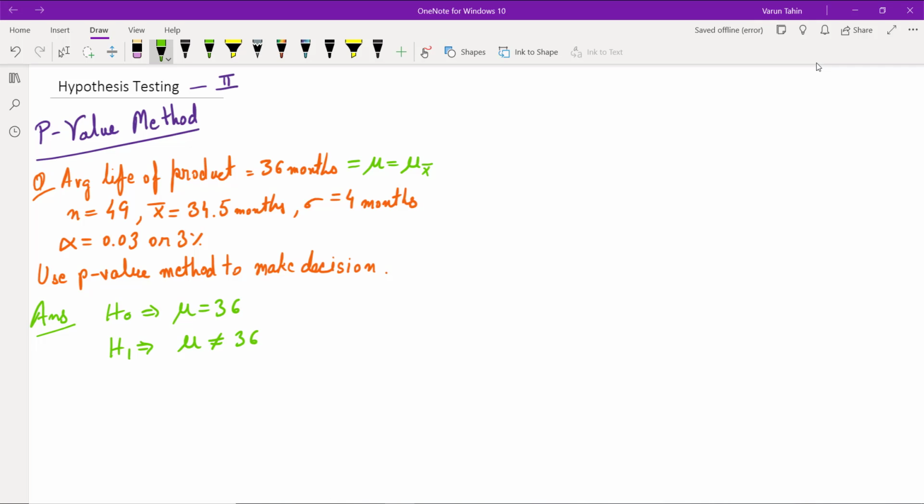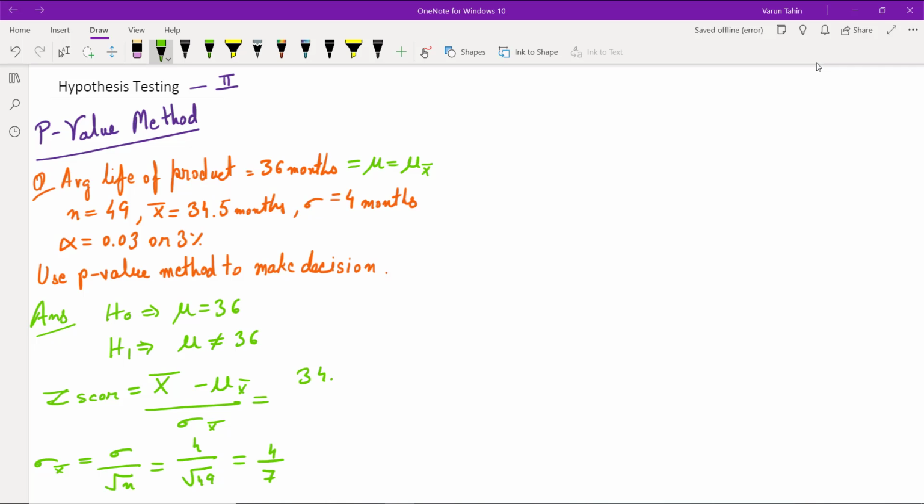Now what we will do first is calculate the Z score. Okay, so the Z score will be the sample mean minus the distribution mean divided by the standard error. Here the standard error will be sigma by square root n, which is 4 by square root of 49, which is 4 by 7. Okay, so we will substitute values here.